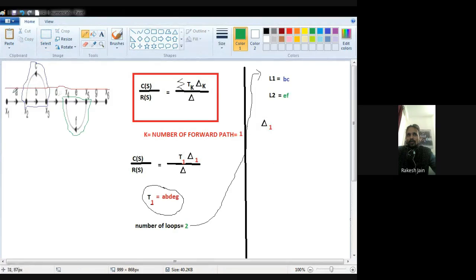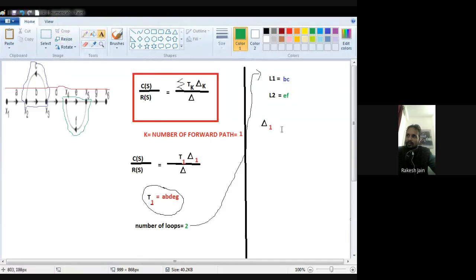The first loop, the blue encircled loop, has one branch B which is on the forward path, so it touches. The second loop, with the green circle, also touches the forward path because branch E is there. So both loops touch the first forward path. Here only one forward path is there.